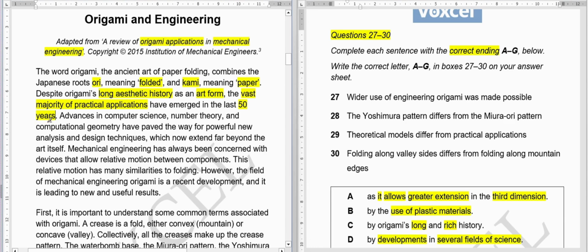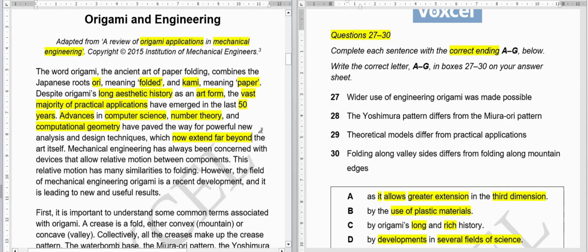Advances in computer science, number theory and computational geometry have paved the way for powerful new analysis and design techniques which now extend far beyond the art itself. So they are saying that we have made advances in computer science, number theory and computational geometry, and it has made the way for powerful analysis and design techniques which extend far beyond.